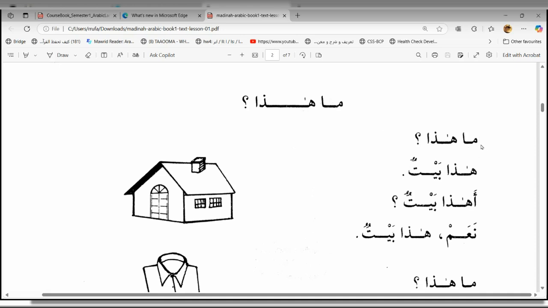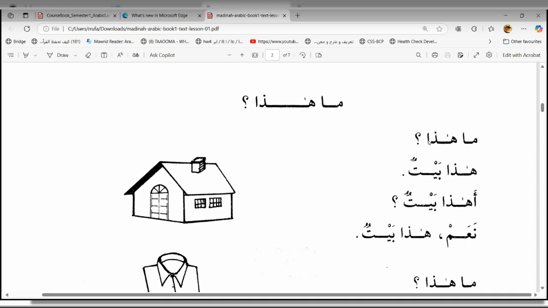Now, one thing you notice, it's a subtle thing, but when you ask a question, your voice goes up. ما هذا؟ هذا بيت. When you answer, at the end, your voice goes down. أهذا بيت؟ Is this a house? نعم هذا بيت.